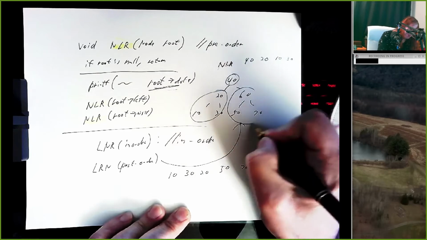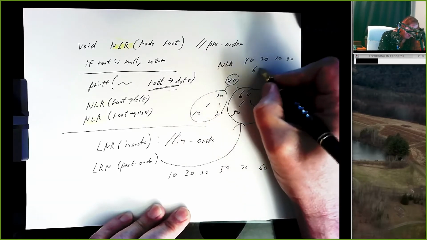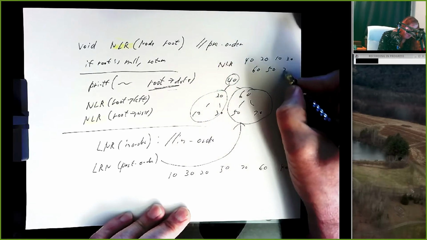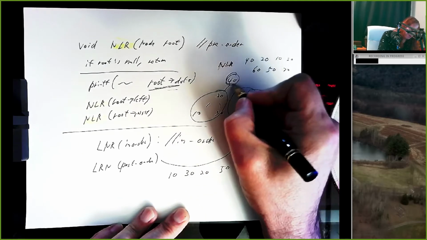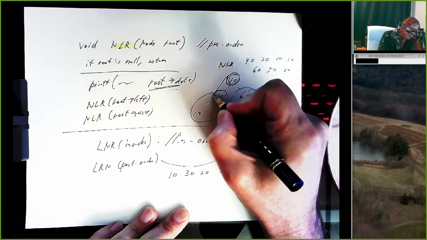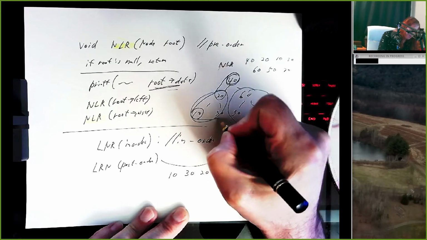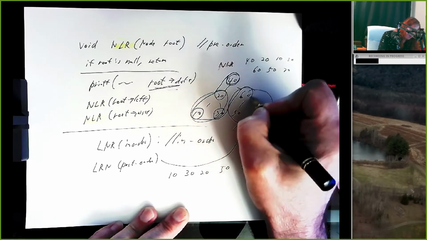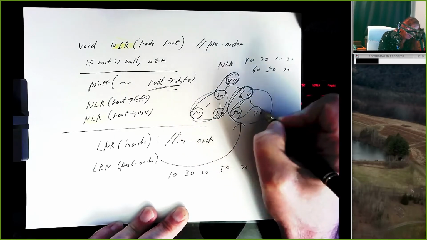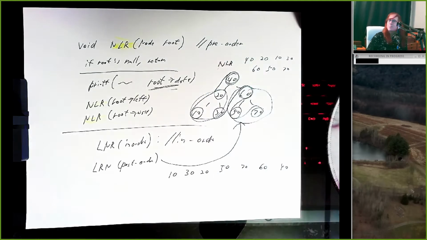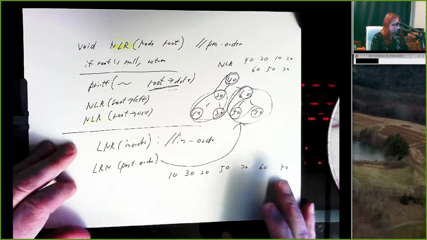And then we'll traverse the right subtree, which we'll do by printing out the root, and then the left, and then the right. So it starts off here, and then it goes down here, and then down here, and here, and then up here, and then down here, and then over there. Cool. And that's a weird order.